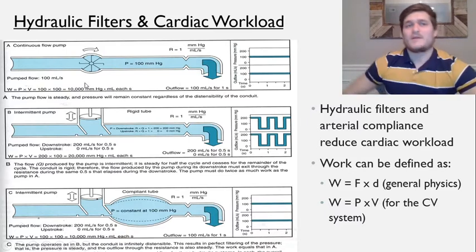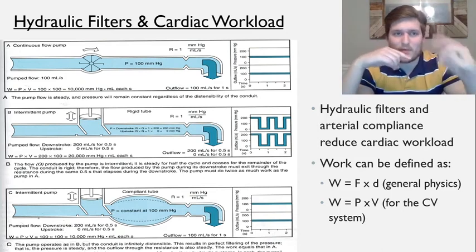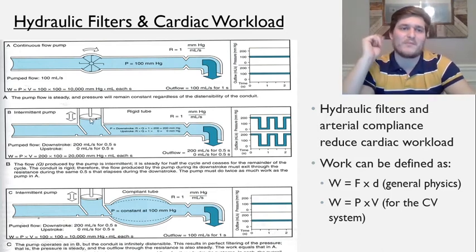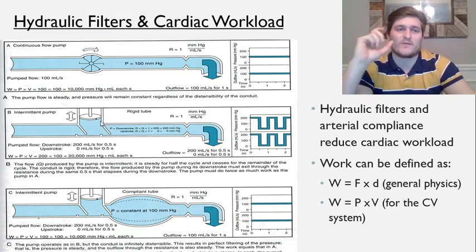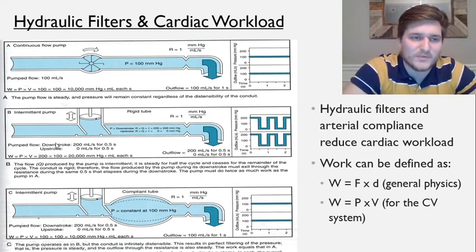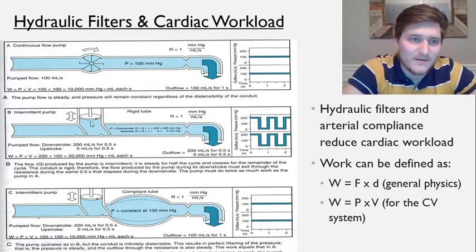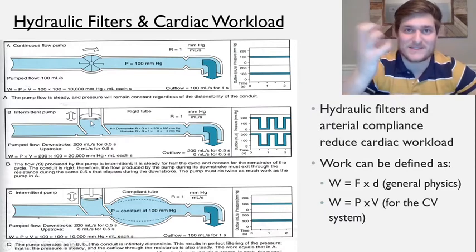And so now let's compare that to an intermittent pump. But first, an intermittent pump like our heart with rigid tubes. And so this intermittent pump is producing 200 milliliters per second for half a second when it is active. Think about systole.